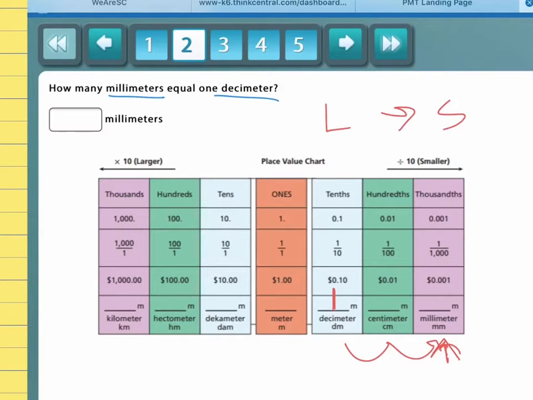So it's going to get 100 times bigger. So if you move that decimal place over twice and annex the zeros as placeholders, 1 decimeter will equal 100 millimeters. It's quite easy. If you have this place value chart, you just draw it or have it memorized and plug in the zeros, move the decimal place, and it's an easy conversion.